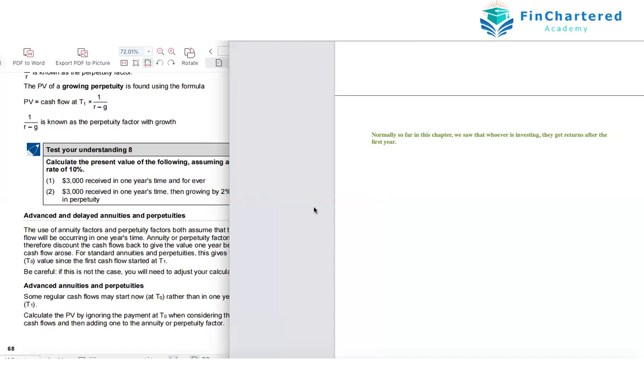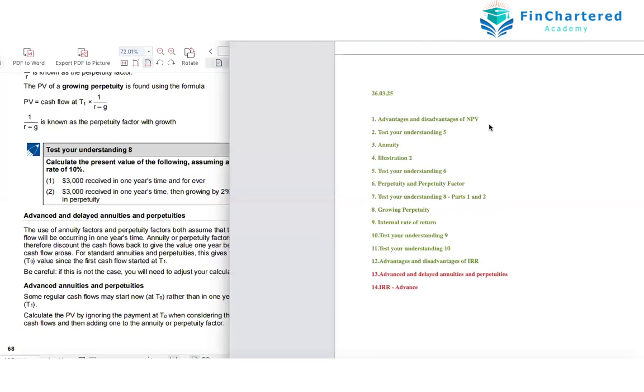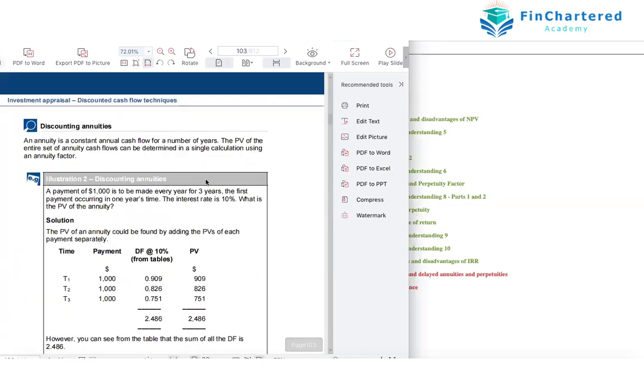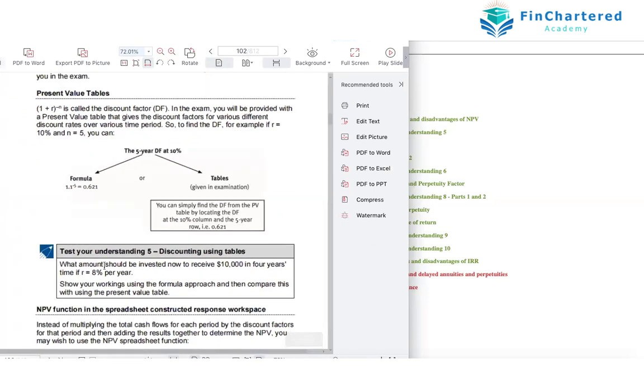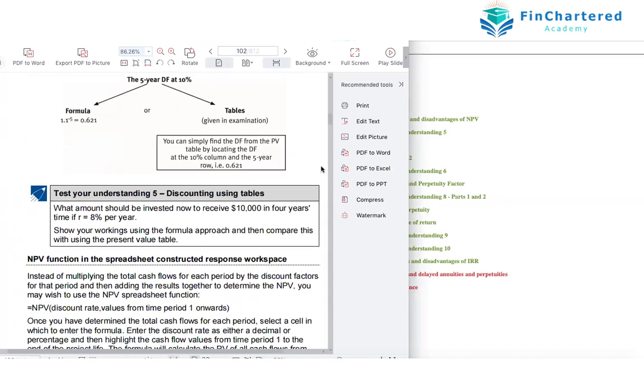Let's start with Kittu. Kittu, can you calculate test your understanding 5? How to do this? What to do? How do we solve?